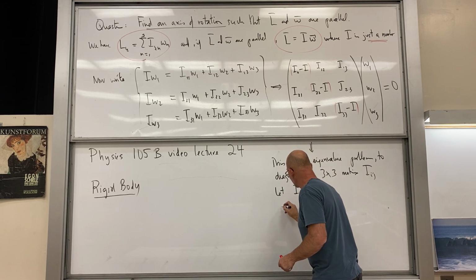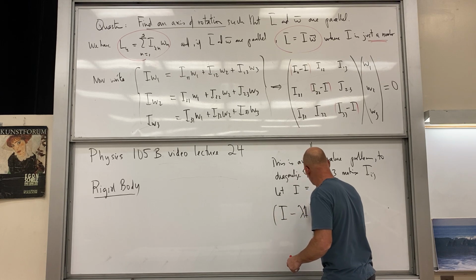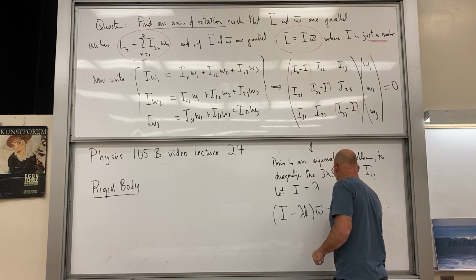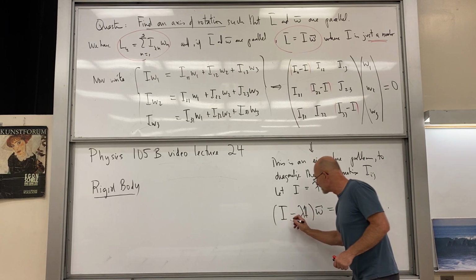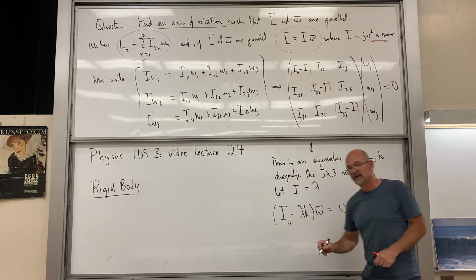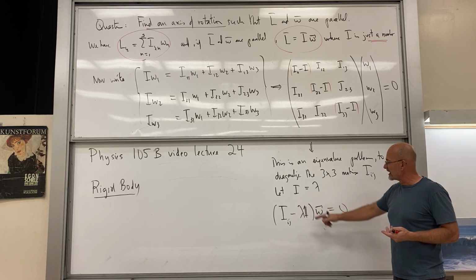Then I would be looking at the matrix I minus lambda times the unit matrix, times omega equals 0. I'll just put the little subscripts here just to not be irritated by that. And that's your standard eigenvector problem.